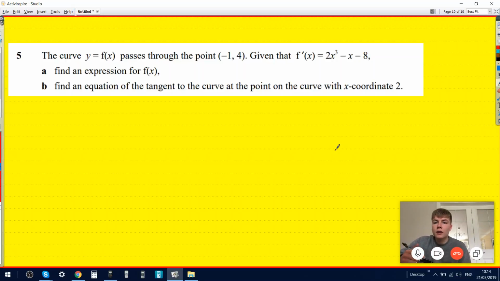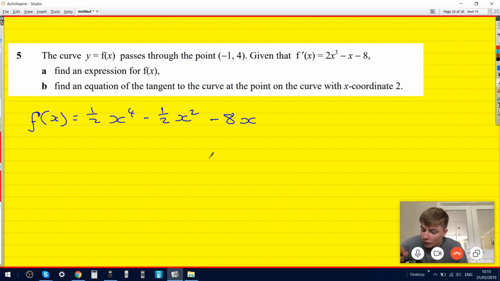We'll integrate the 2x cubed. Yeah. Half x to the 4. Well, minus minus half x squared. Minus 8x. And then that's plus c as well, isn't it?